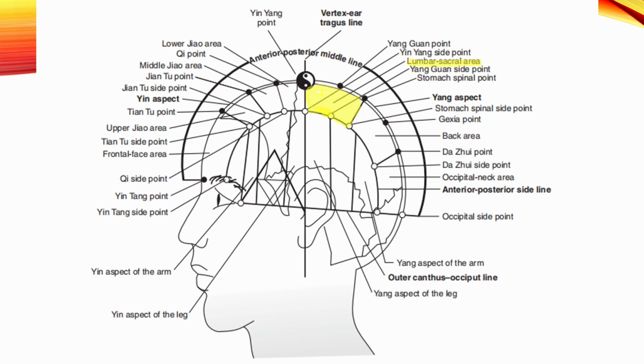Lumbar sacral area. The lumbar sacral area is the zone enclosed by the stomach spinal point, the stomach spinal side point, the Yin-Yang point, the Yin-Yang side point, and their connecting lines, including two portions.